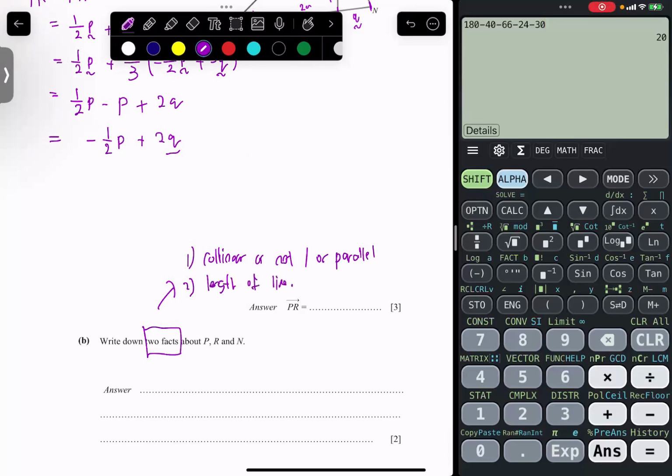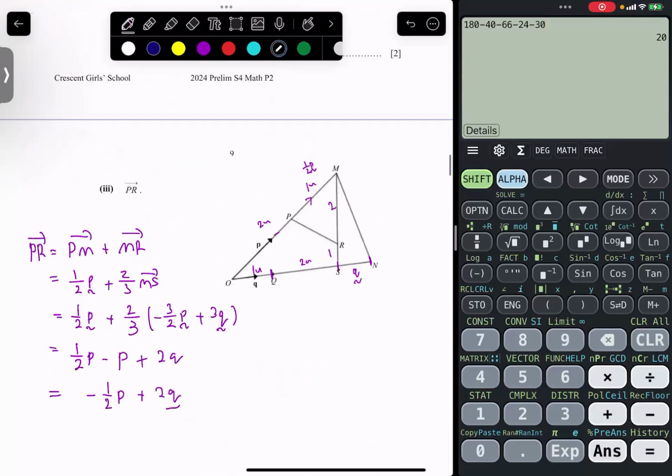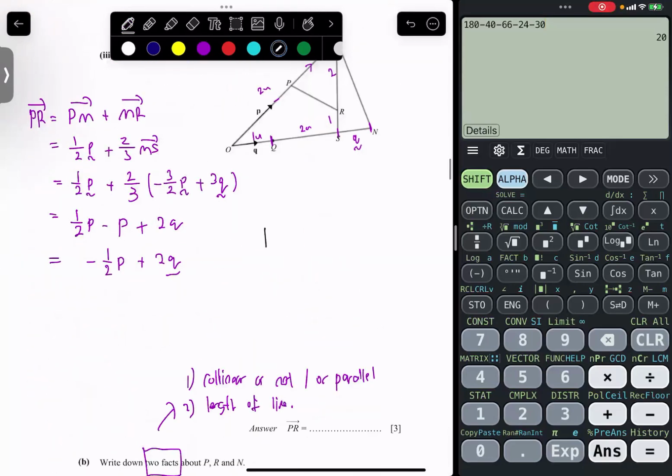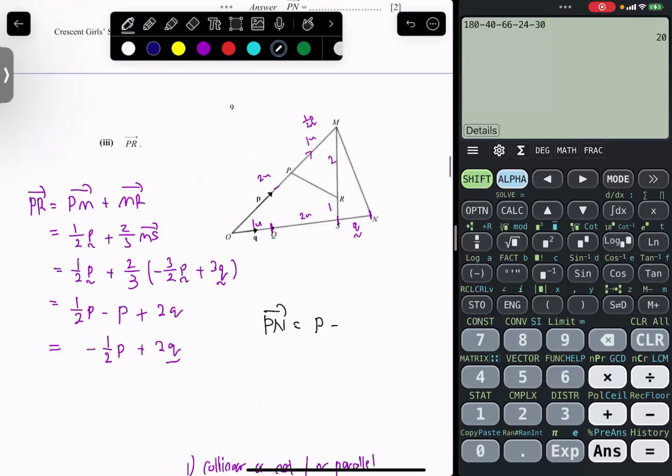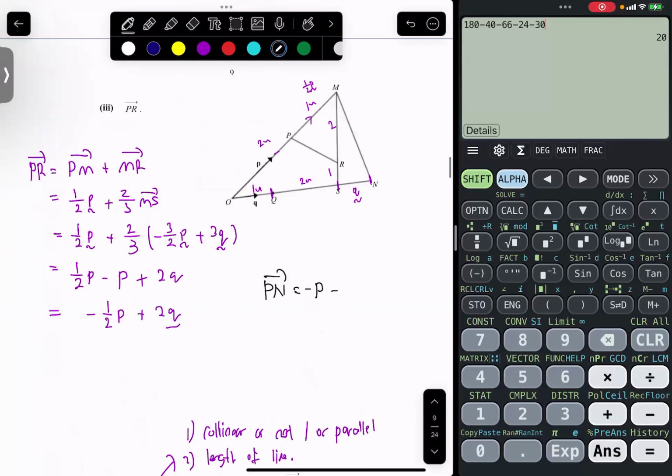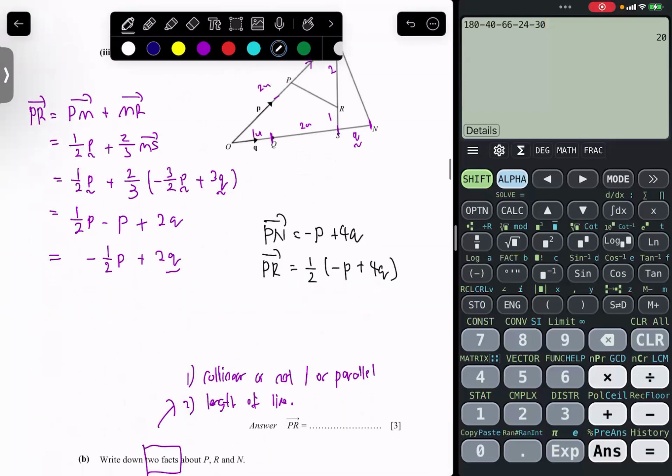Let's put down the 2 vectors. PN is negative P plus 4Q. PR, if I factorize out the half, it will also be negative P plus 4Q, because factorizing is division: 2 divided by half is 4. So you'll notice that they both have the same unit vector.